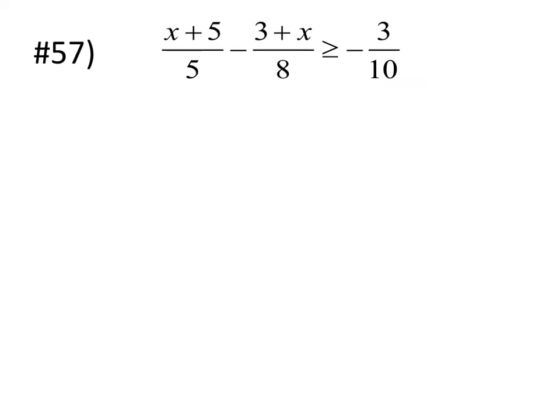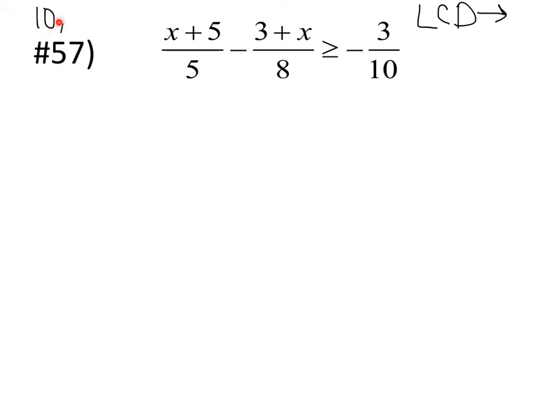And the last one, you're going to need to find the LCD for 5, 8, and 10. So you're going to count by the highest denominator, which is 10. So you've got 10. Does 5 go into 10? Yes.